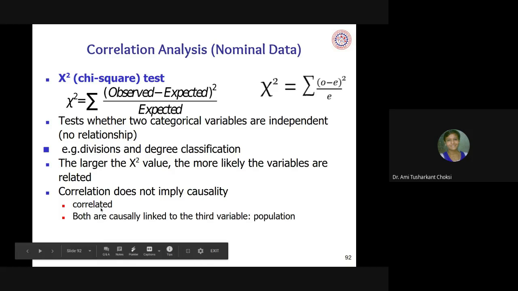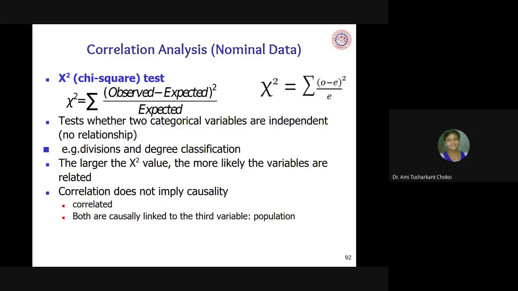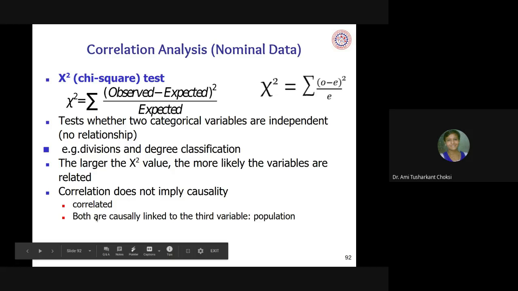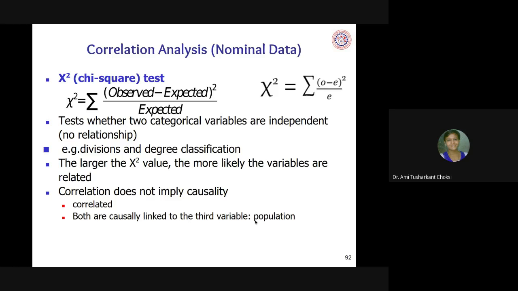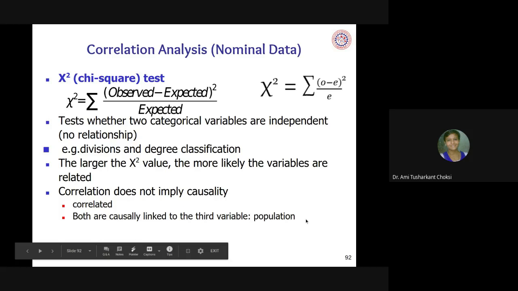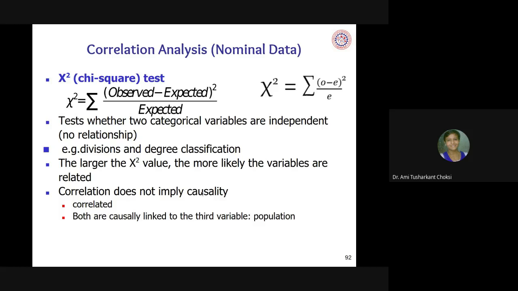Whether they are correlated or not, both may be causally linked to a third variable, and that can be the population, right? So we are not talking of causality, but we are only trying to find whether a relation is there or not between two variables.